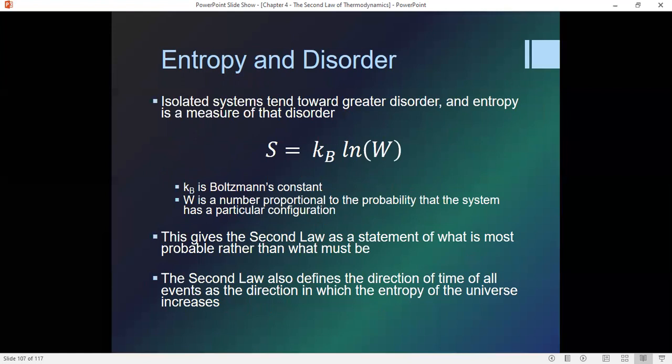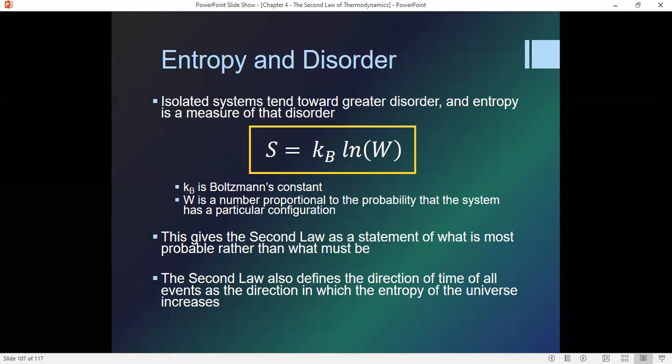If you want to go into even more detail in terms of entropy, there's actually an equation for not just the change in entropy, but the actual entropy of a system. The total entropy of a system is equal to this, and this is a little hard to understand.